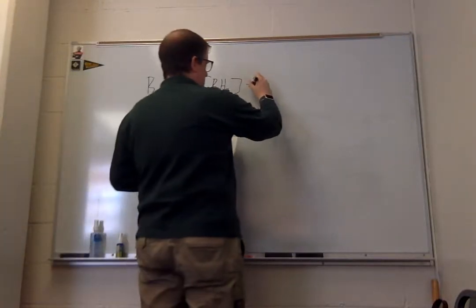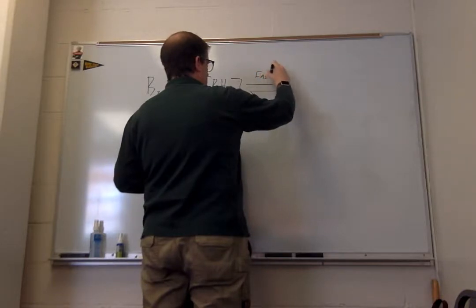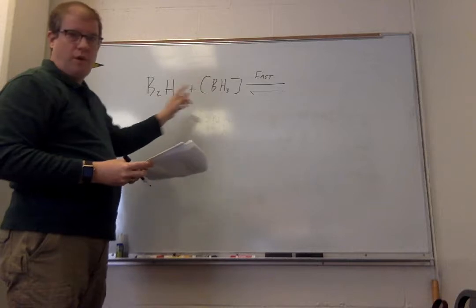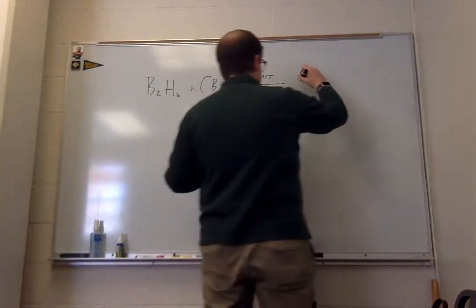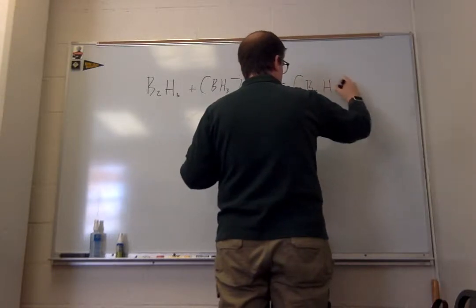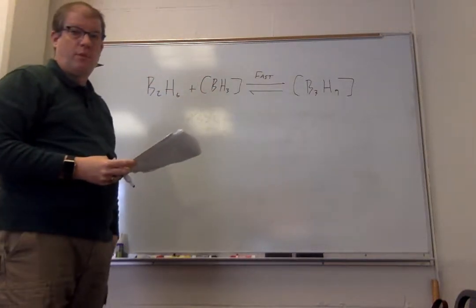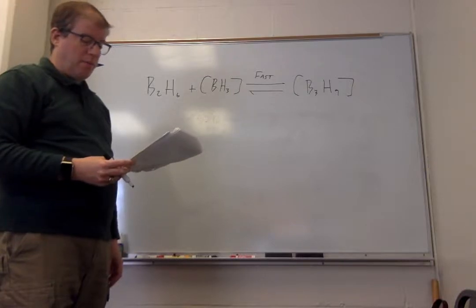And in an equilibrium, which is fast, which means the product that I'm going to write down here is interchanging very quickly with the reagents that they start from. That generates B3H9, which is also, as per the square brackets there, unstable.